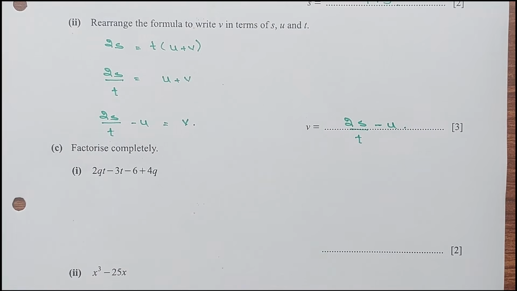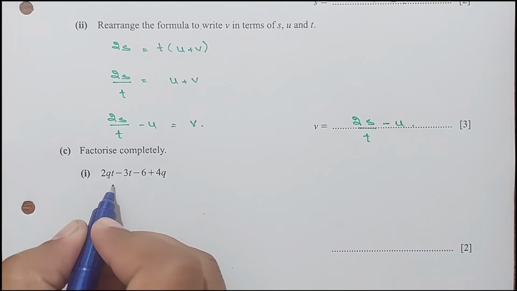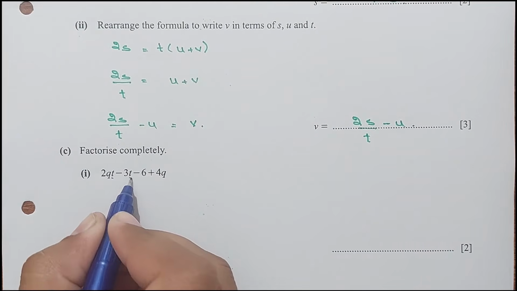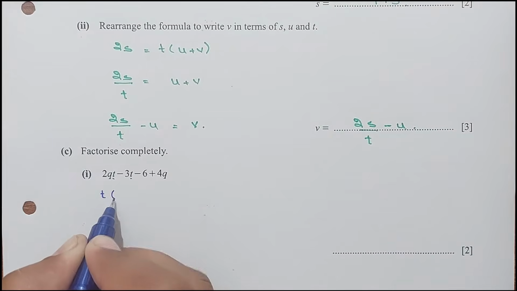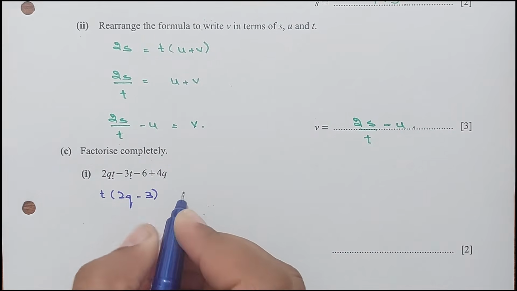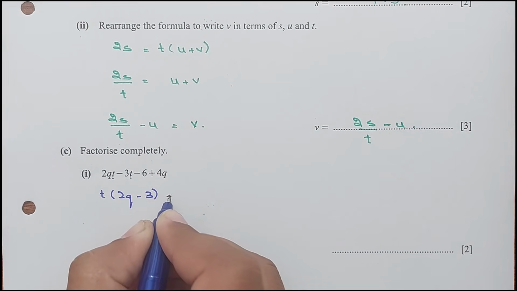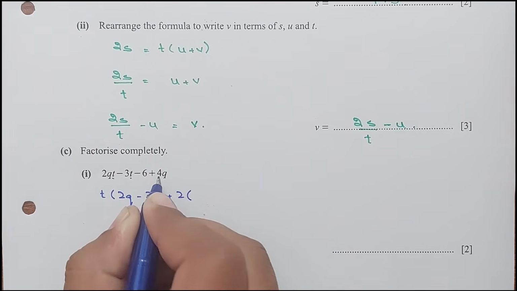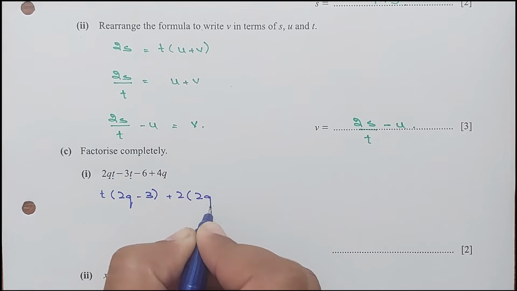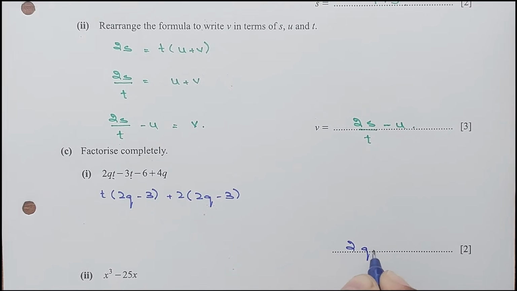For part C, factorize completely, number 1. Okay, so let me take T common from the first two terms and we are left with 2Q minus 3. From the other terms, 2 is common, so here we are left with 2Q minus 3. Yes, the factors are 2Q minus 3 and T plus 2.